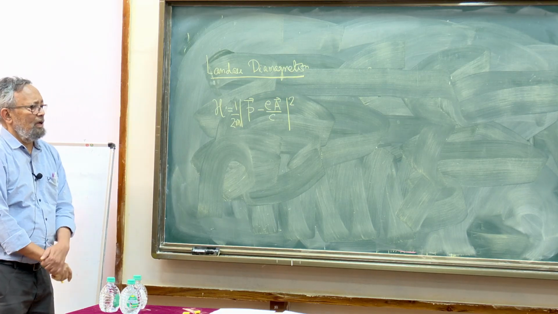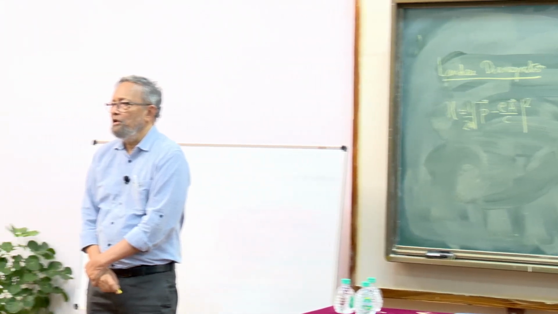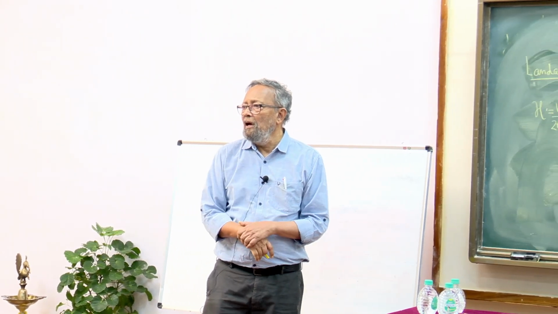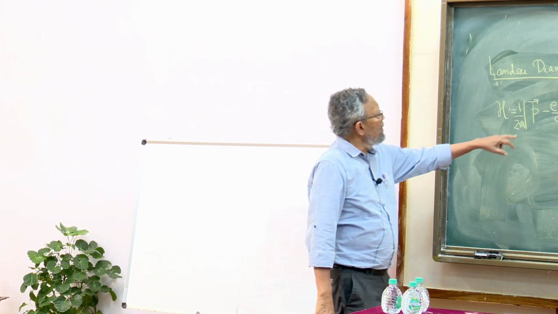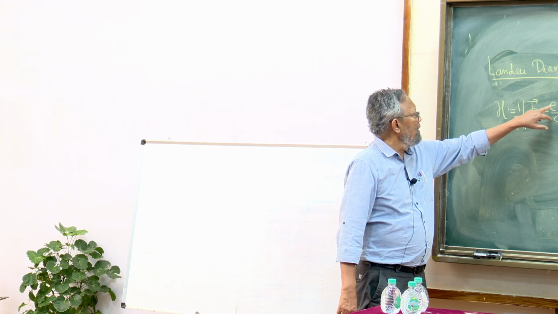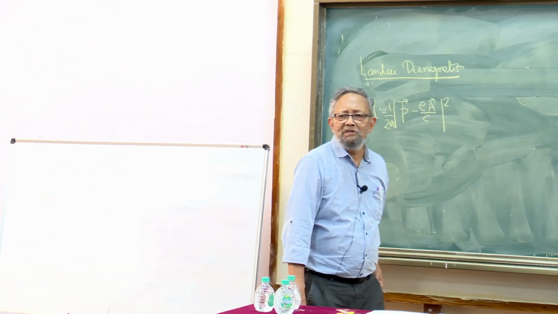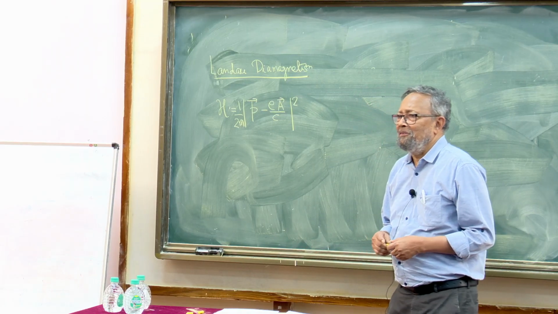This is the Hamiltonian associated with the motion of the electrons. I am not putting in the spin part. Spin part we have already taken care of. That part is separate from the orbital part. And e you can take to be negative. Electron charge is actually negative, so this e is a positive or a negative quantity, but nothing depends on that.